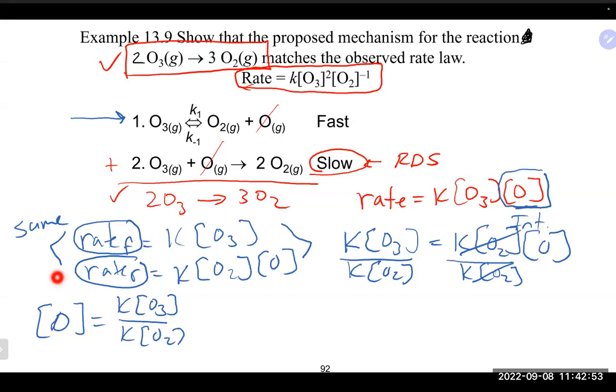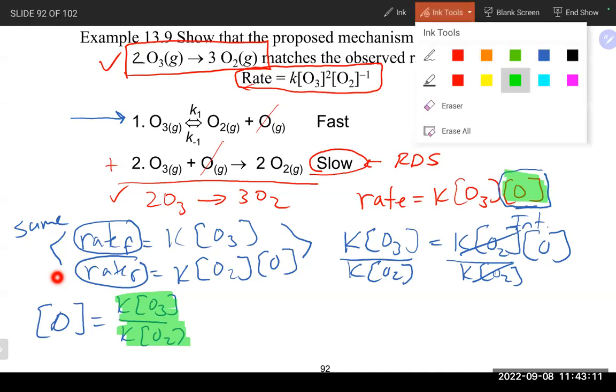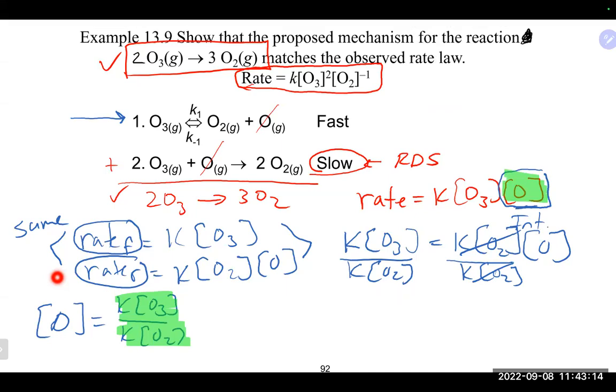Now, what we just solved for is what O equals. We're going to take that and substitute it in over here for our O. If we do that, we now get a rate law that will not have the intermediate in it anymore. The rate is equal to k times O3, and I'm just going to substitute in what I just wrote, k times O3 divided by k times O2.